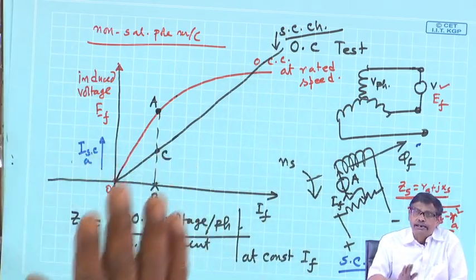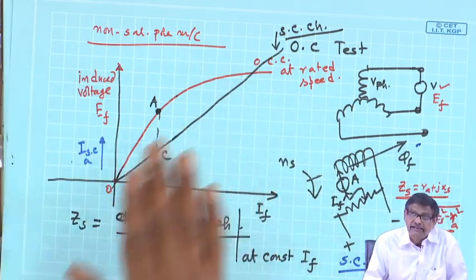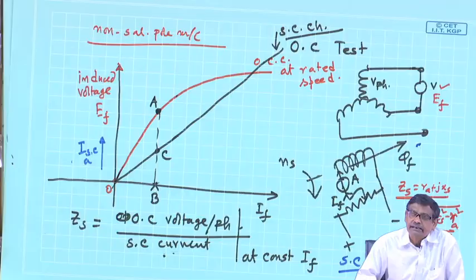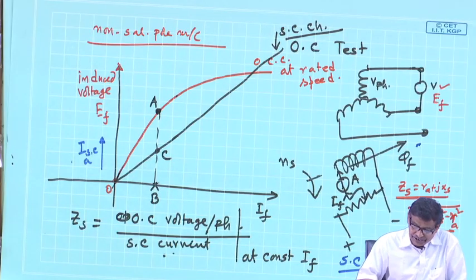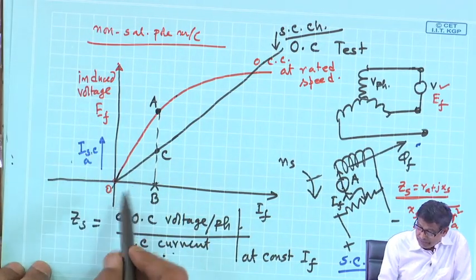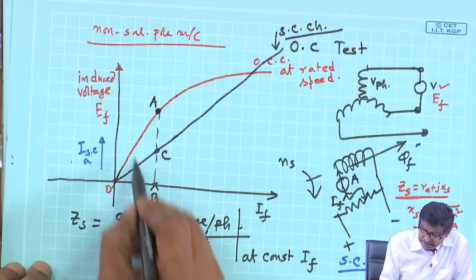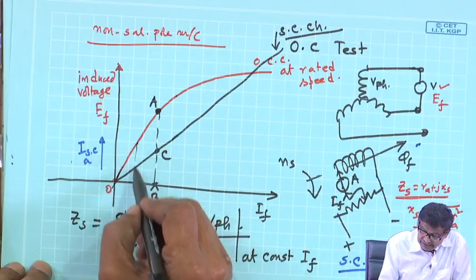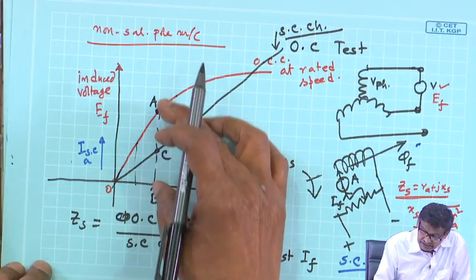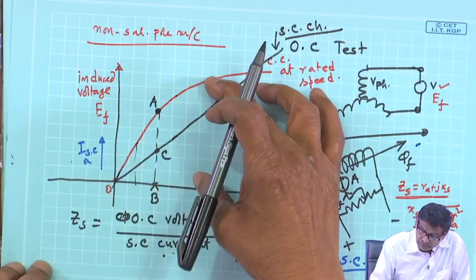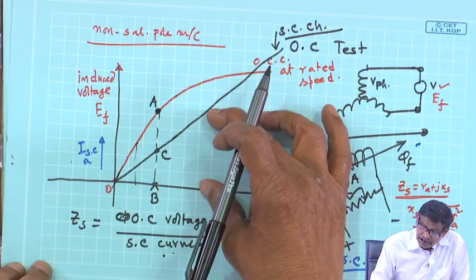Therefore, it looks like the value of ZS or XS is not constant. Initially, if somebody calculates ZS at various field currents, this voltage by this current, this voltage by this current, what will happen?